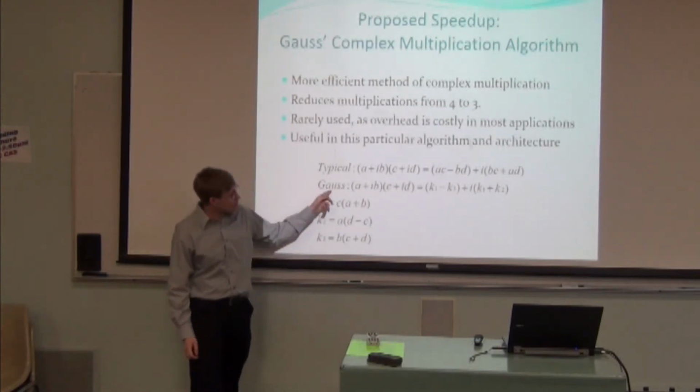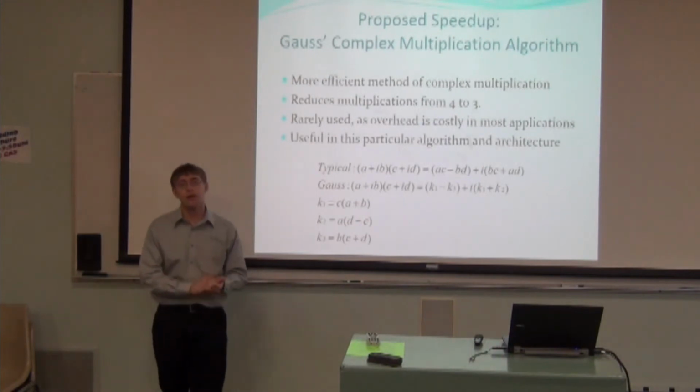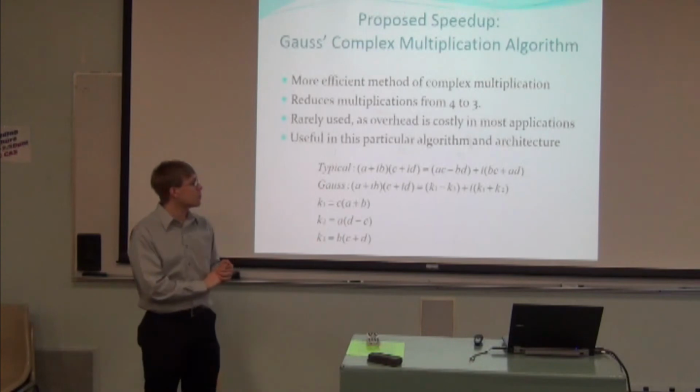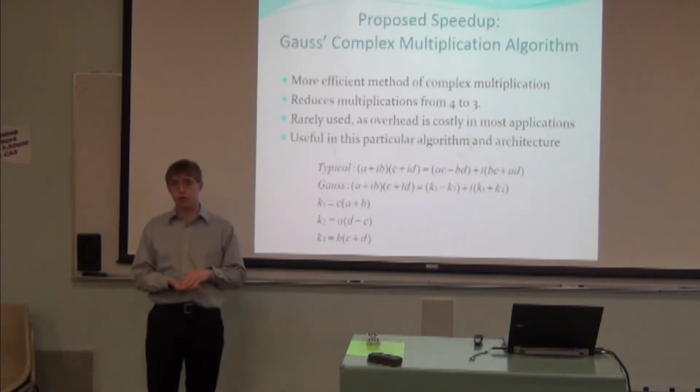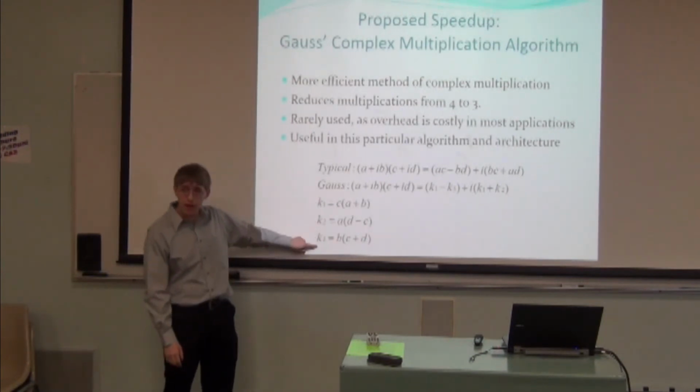Now Gauss came up with this algorithm for doing complex multiplication that only requires 3 multiplications. So we're breaking the problem down from 4 separate multiplications into 3 multiplications. Here we calculate these 3 prefactors.